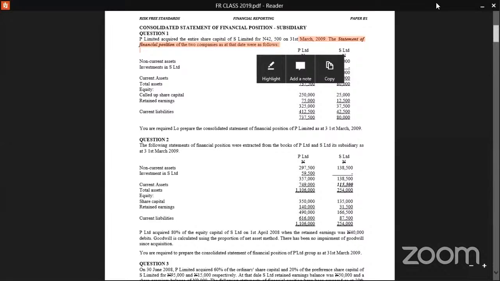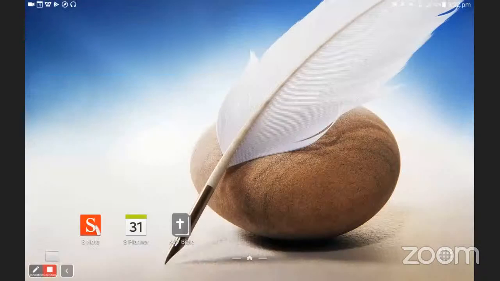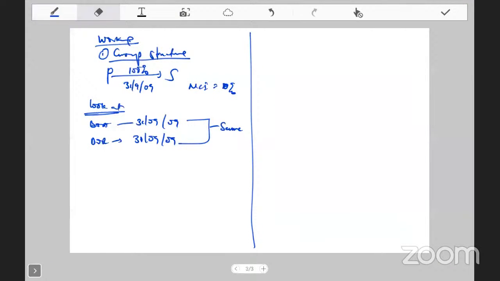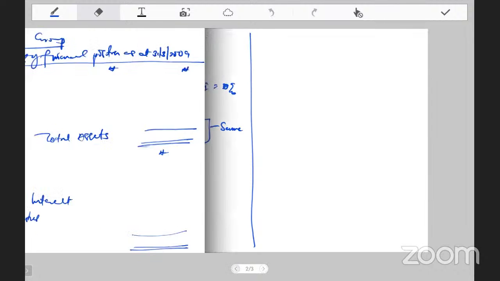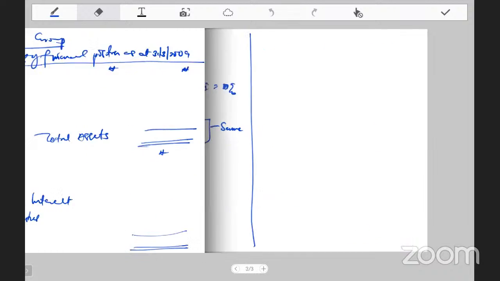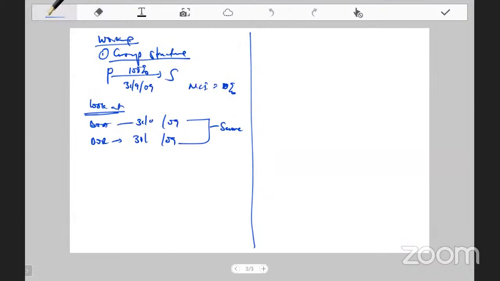So let's quickly make that adjustment. So this is 31st March and 31st of March.